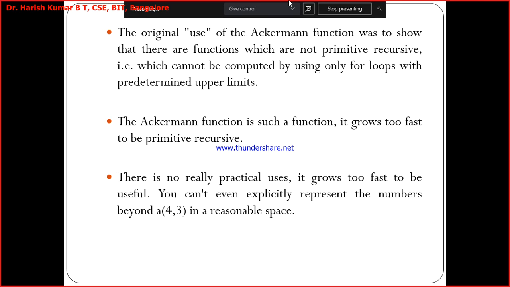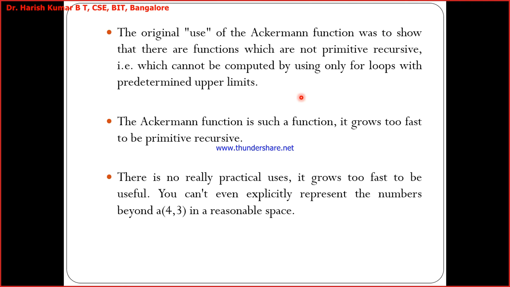The original use of the Ackermann function was to show that there are functions which are not primitive recursive, that is, which cannot be computed using only for loops with predetermined upper limits. The Ackermann function is such a function; it grows too fast to be primitive recursive.